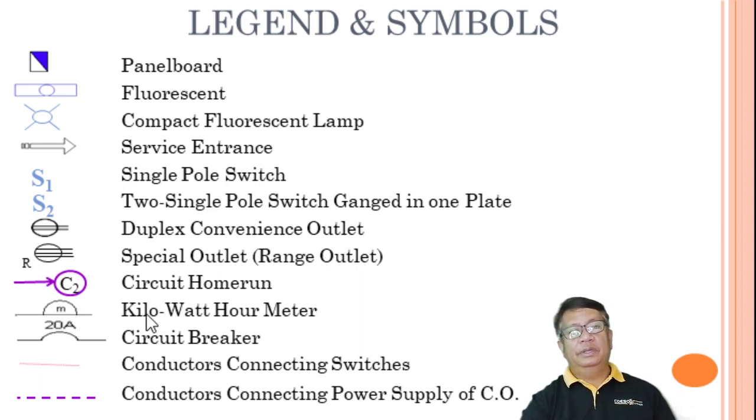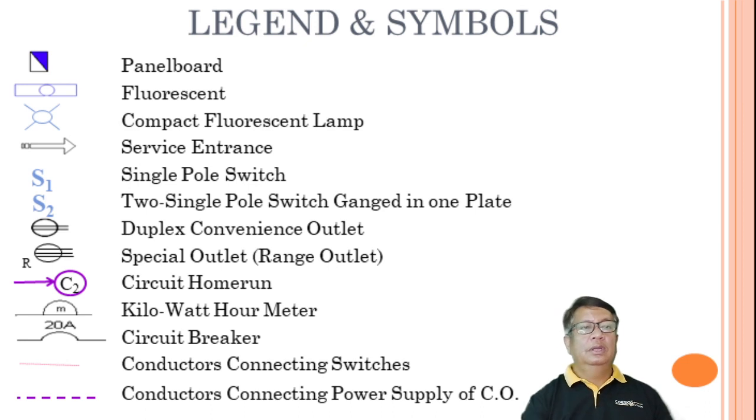That is the symbol of the circuit breaker. And the conductors connecting the switches and the conductors connecting the power supply of the convenience outlets or any other devices that you are going to use in your design should all have symbols.